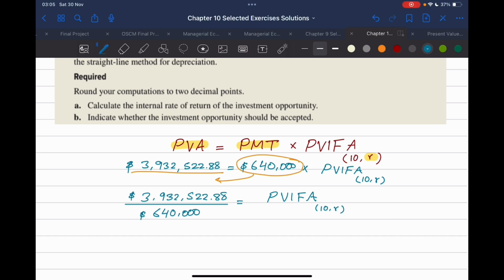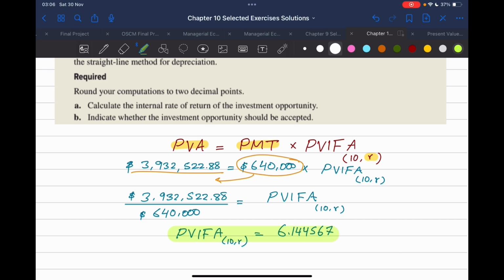So I'm going to run the numbers on my calculator first. 3,932,522.88 divided by 640,000. That's going to give us that the present value interest factor of annuity for 10 years and R unknown equals 6.144567.